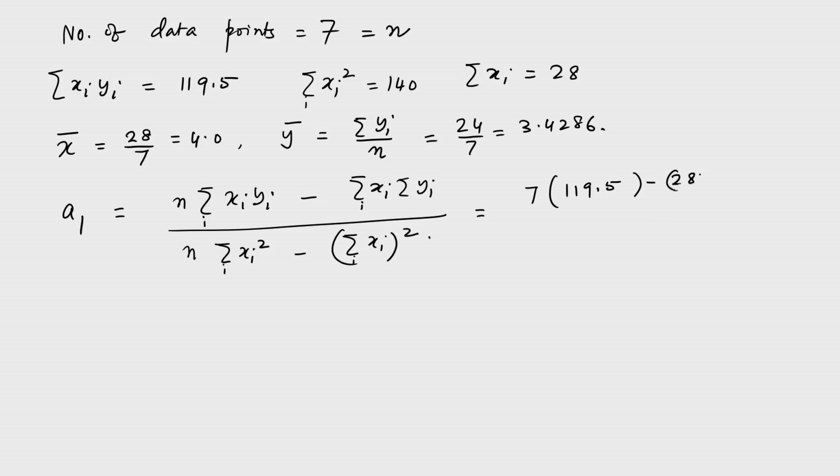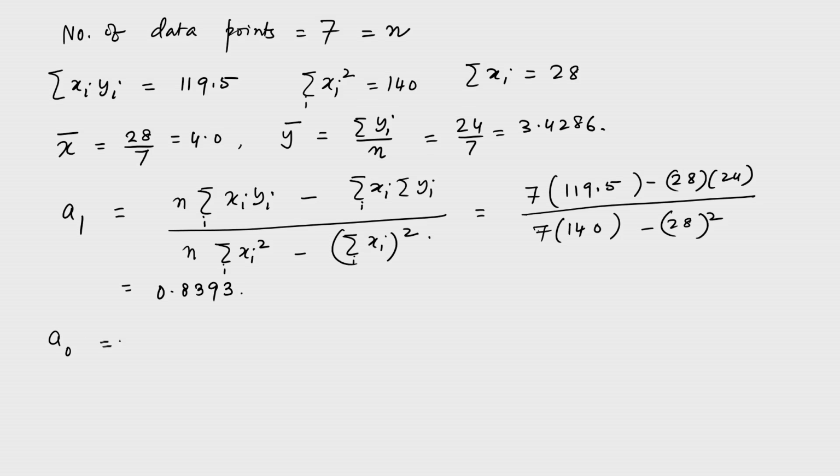So, this is equal to 28 multiplied by 24, and this is like 7 into 140 minus 28 square, which is the sum of x_i squared. Taking the square of that, and if you simplify this, this comes out as 0.8393, and A0 is simply equal to 3.42.